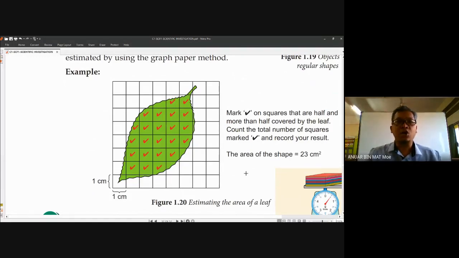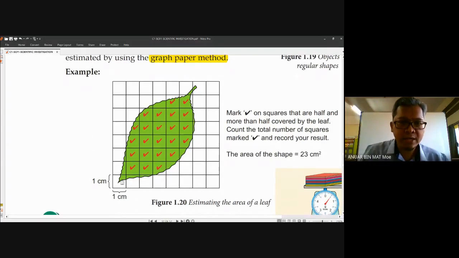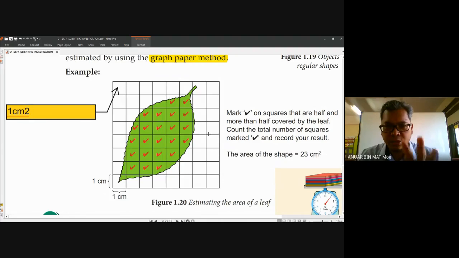You can use the graph paper method, because in graph paper, 1 square here is 1 by 1 centimeter, which is actually 1 centimeter square.